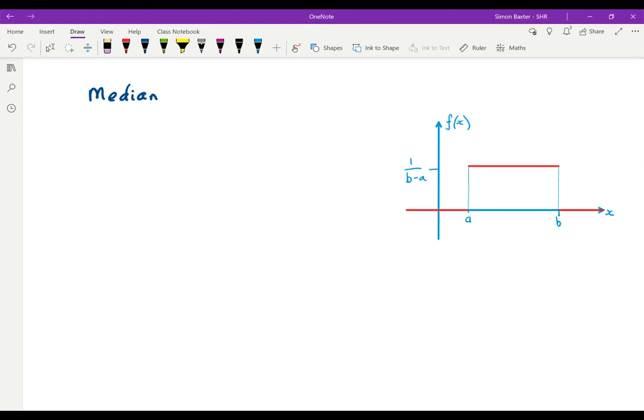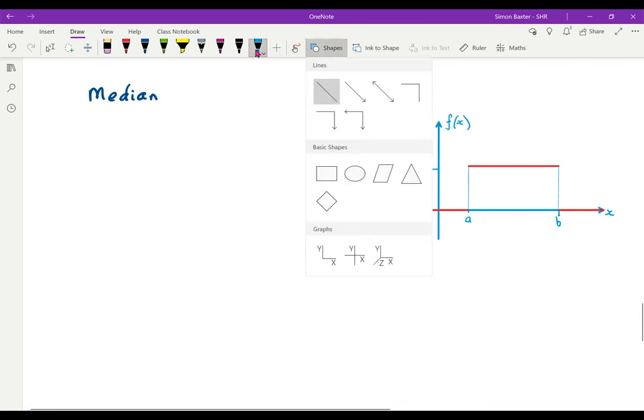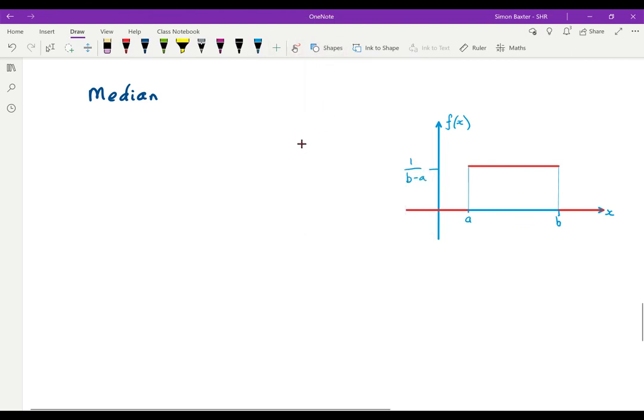What about the median? What can you tell me about the median? Well, the median is in the middle, and the median will divide the area in this square, or this rectangle, into 2 equal parts. And so we don't have to do much work. The median is going to be in the middle.